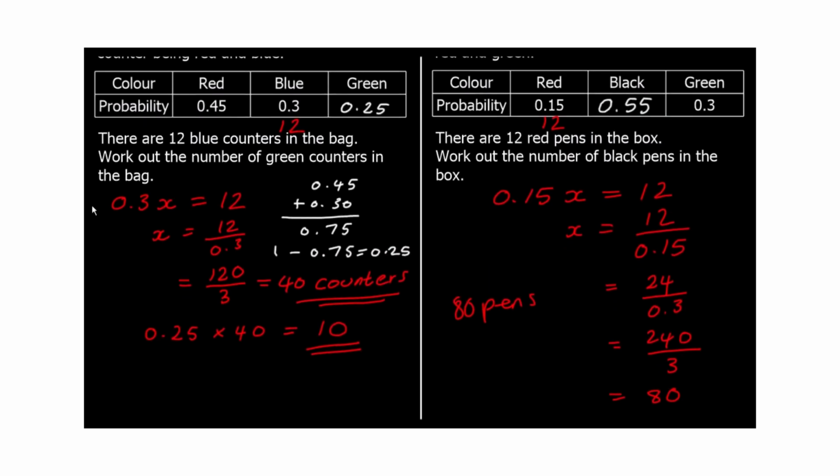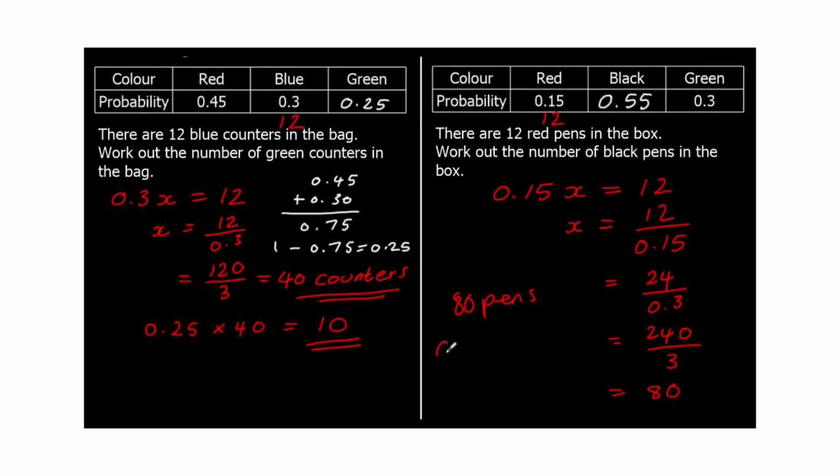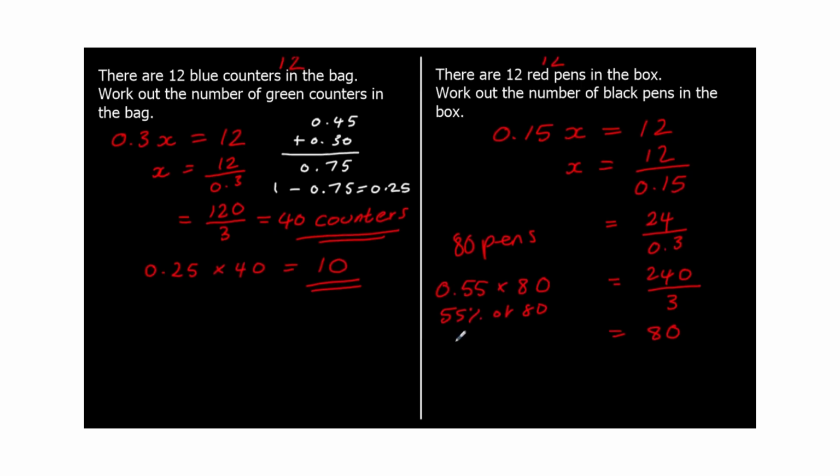How many are black? So 55% are black. So 55% of 80. So 0.55 times 80. So 55% of 80, 50% is 40. So 5% is 4 dividing by 10.